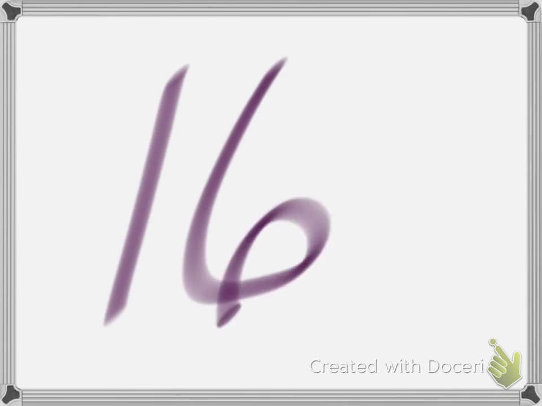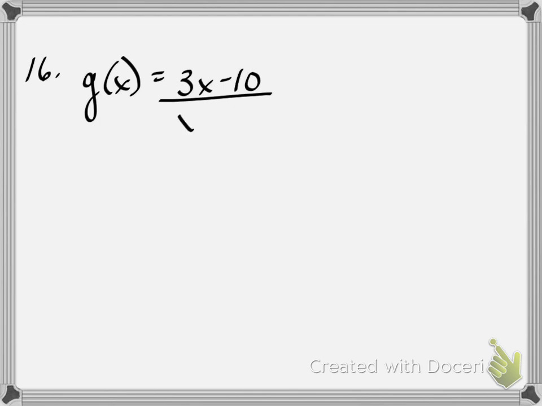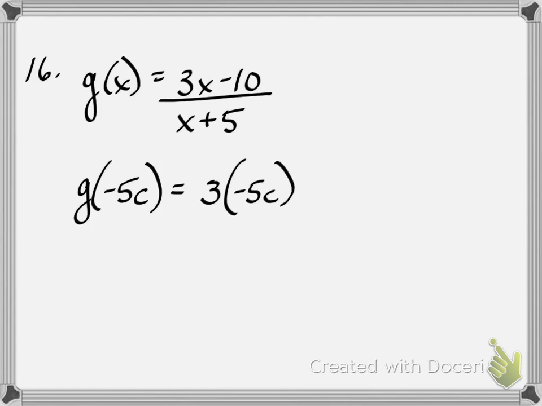Number 16. G of x. And we want to find g of -5c. So we want to plug -5c in for these x's. So it's 3 times -5c minus 10 over -5c plus 5.